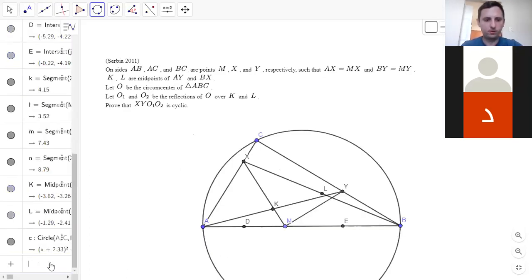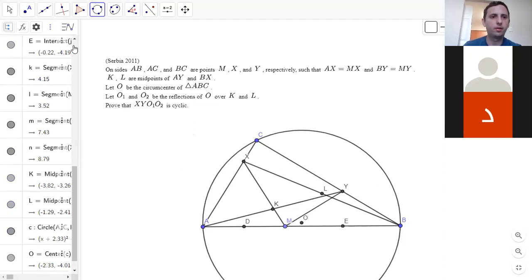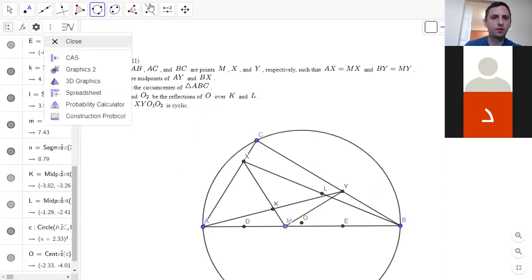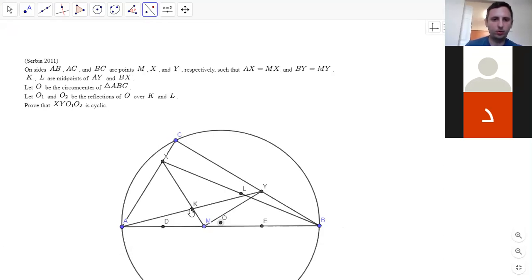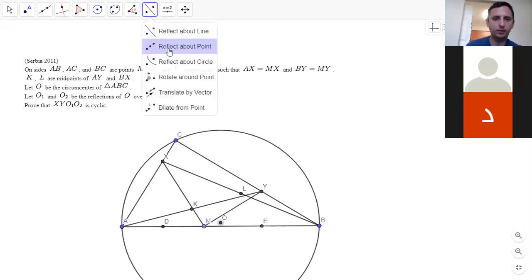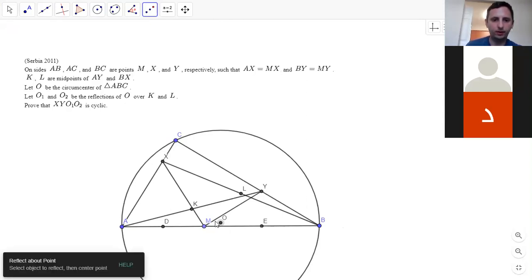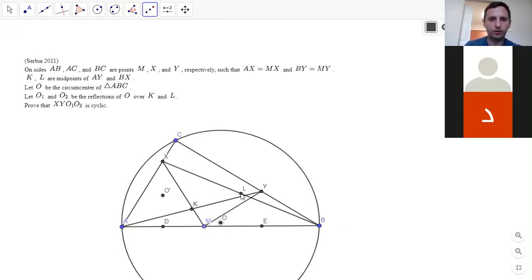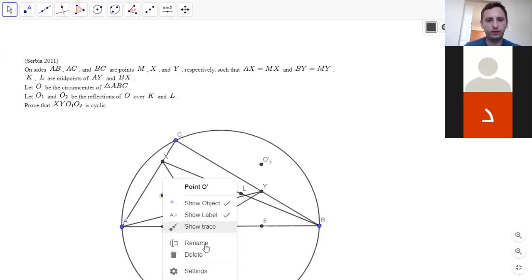There we go. And then we reflect O over K and L. We call it O1 and O2. Oh, this is reflecting over a line. I want to reflect over a point. So I reflect O over K and O over L. And they're calling it O1 and O2. And we want to show that XY O1 O2 is cyclic.